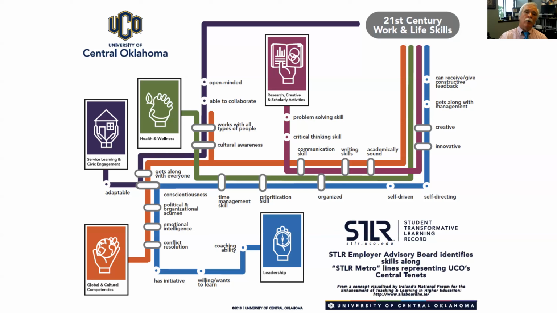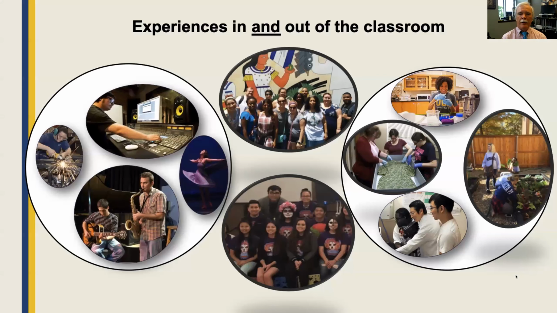So this gives you an idea of what that beyond disciplinary skills area is. That is one part of our definition. So on to what this looks like in terms of the various activities inside and outside the classroom. I won't spend a great deal of time here.